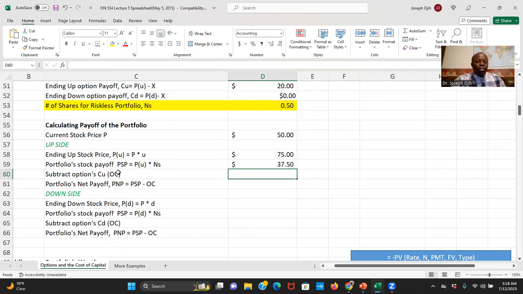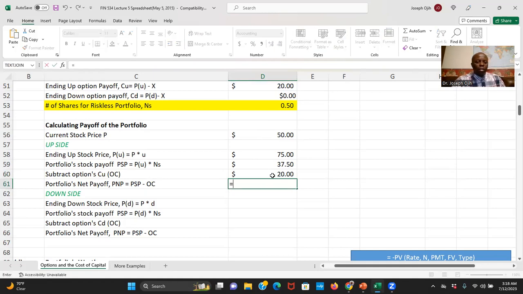Then you have to subtract the CU, which is the ending up option payoff, which is $20. So let us subtract that $20.